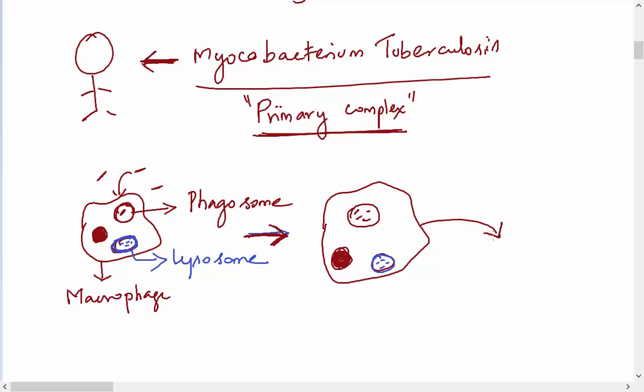You can call it a mycobacteremia, because the mycobacteria are within the macrophage, within the phagosome, entering the circulation. Now they are going all over the body, and especially they go to the lymph node. You all know lymph node? Okay.